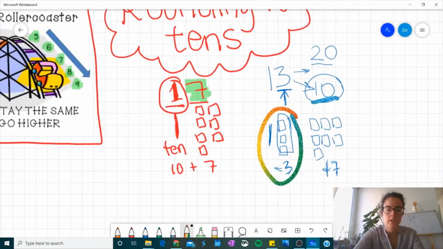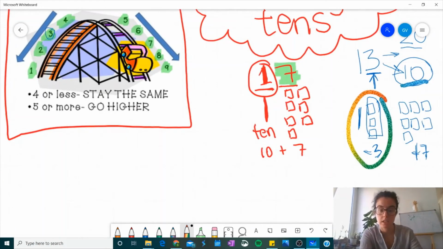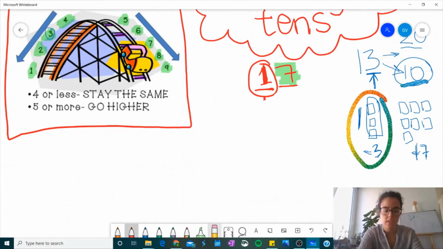Okay, let's try with another number. Let's try with 17, right? That was our first example. So, we said that 17 is 1 ten and 7 ones, right?